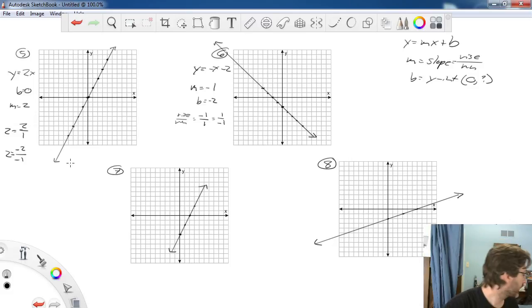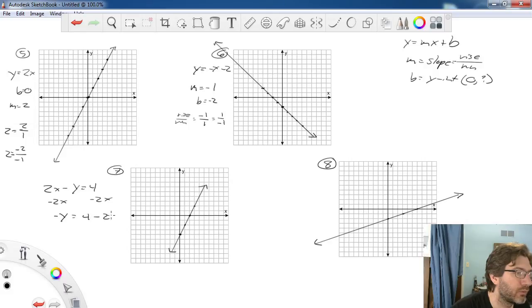You getting it? For 7, you had to manipulate your equation. That was the only difference there. So 7 says 2x minus y equals 4. You want to get y by itself, so you're going to subtract 2x from this side and subtract 2x from this side, and you get negative y equals 4 minus 2x, and then you're going to divide all of this by negative 1, which is going to change your sign here.